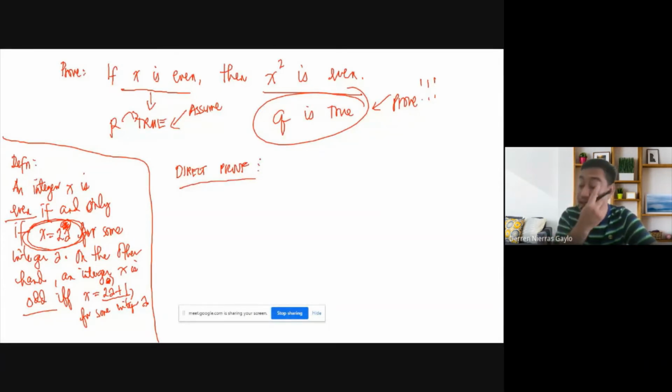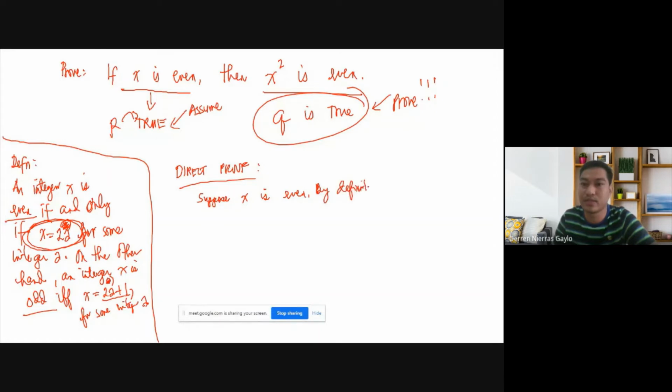Okay, the first thing that we do is assume that P is true. So suppose x is even. That is our P. The next step is to use the definition.